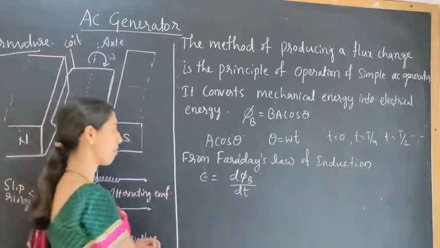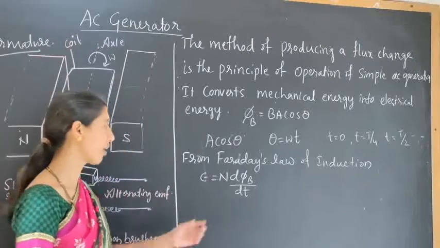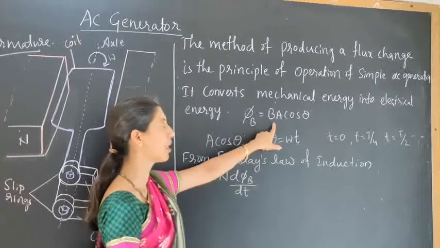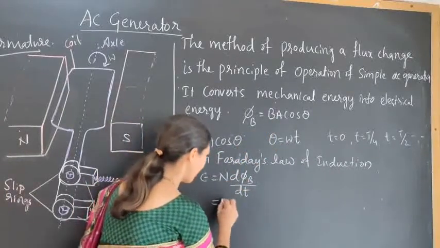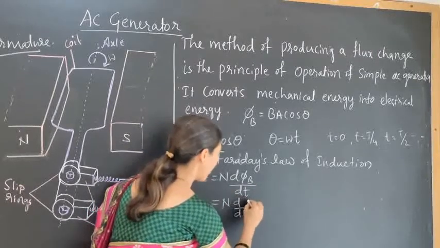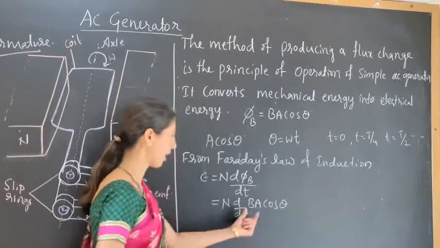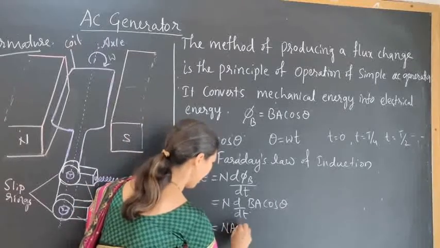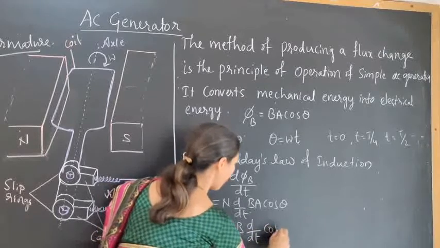If there are n number of turns, this is equal to minus n d phi B divided by dt. Now we substitute the value of phi B as B A cos theta. So this is equal to n d by dt of B A cos theta. Now take this B A outside, so this is n A B into d by dt of cos theta.